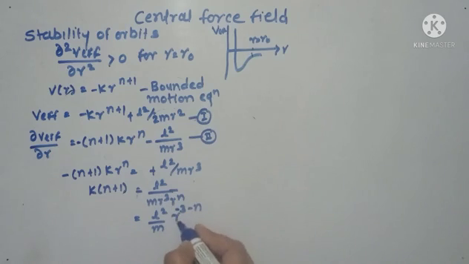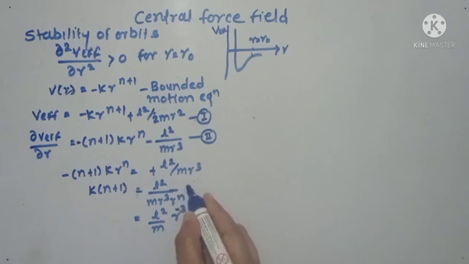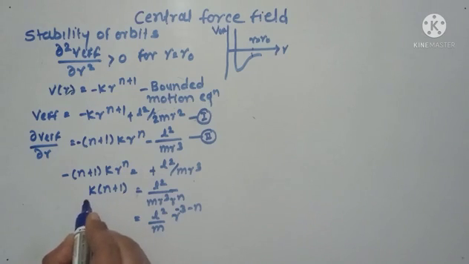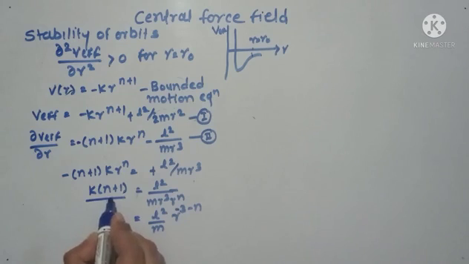When the plus 3 goes into the denominator it becomes minus 3, and similarly r raised to n going into the numerator becomes r raised to minus n. Why have we calculated this? Because we want to put this value of k into n plus 1 into the second derivative.